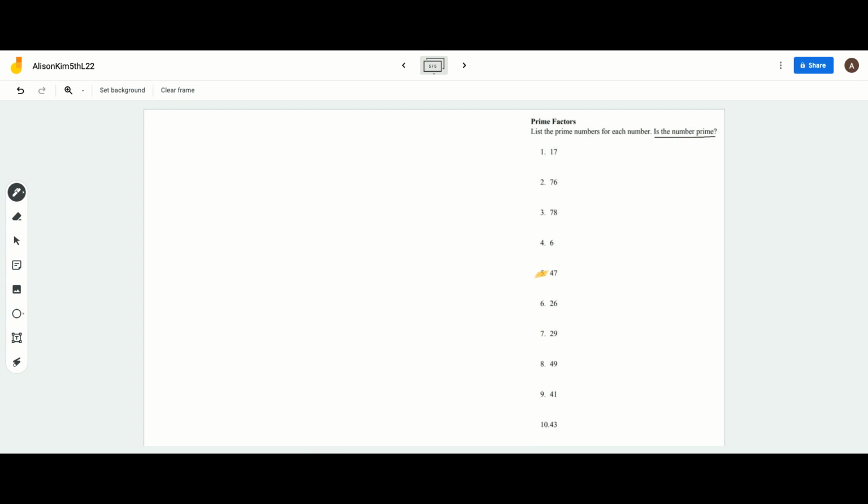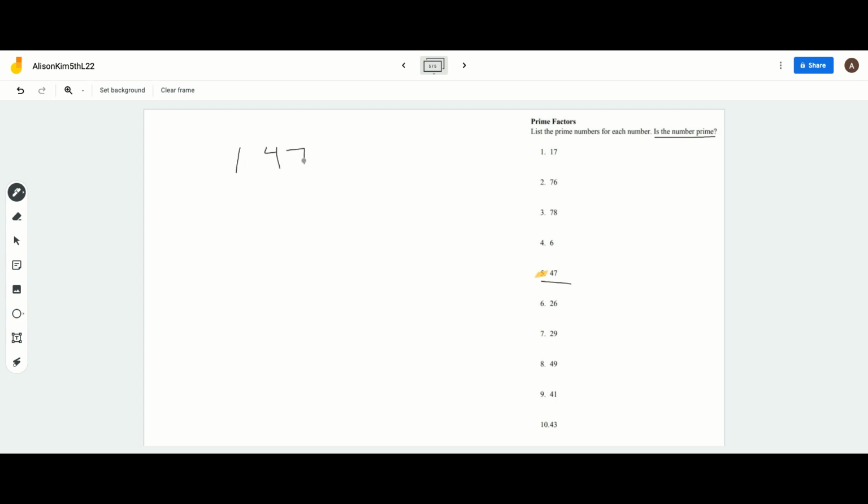However, numbers that are not prime numbers will be like 4. 1 times 4 can go into 4, but also 2 times 2 can go into 4. And we're gonna do number 5 together, which gives us 47. And we already know that 1 and 47 goes into it.